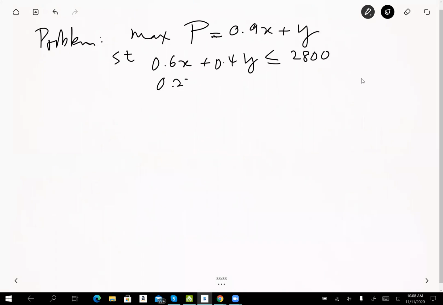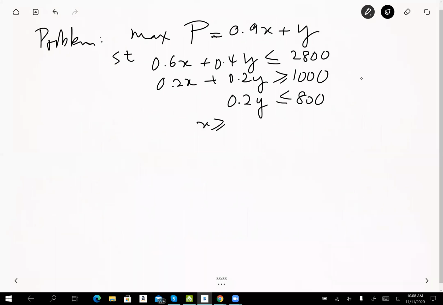Here is 0.2x plus 0.2y bigger than or equal to 1,000. And then you have 0.2y less or equal to 800. Of course, you have the non-negative constraints, x and y both bigger or equal to 0.